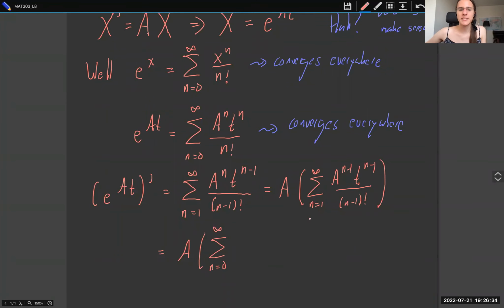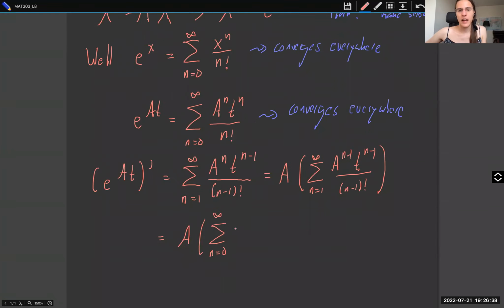So we're making the substitution n plus 1 gets replaced with n. So if this is a sum from k equals 0, here, I'll do it rigorously. If n is 1, then k is 0. So k equals n minus 1 is the substitution that's being made.